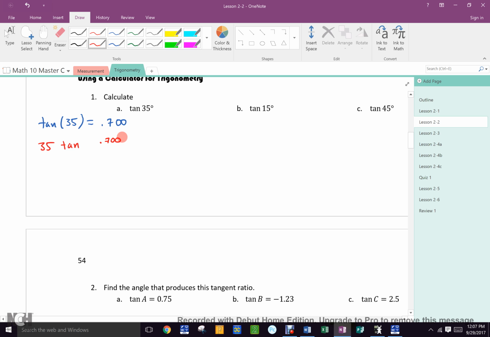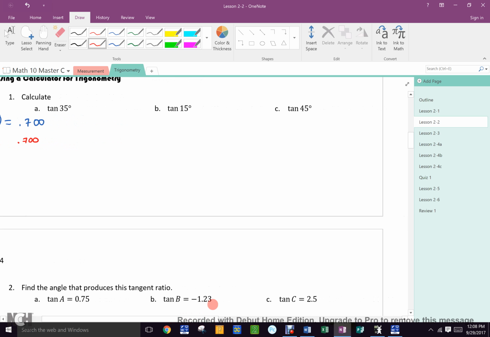Please make sure your calculator can do that. Excellent. Now, tell me what tan of 15 and tan of 45 are. Nick. 0.267. Excellent. And 1. Excellent.